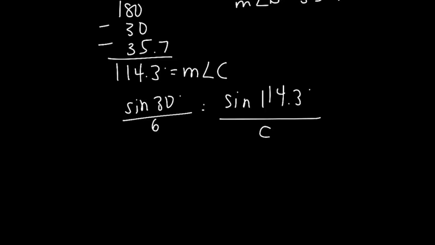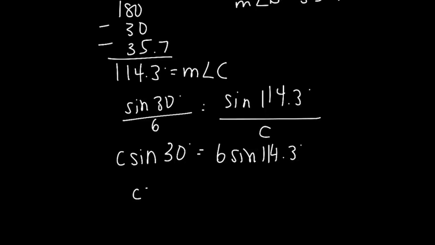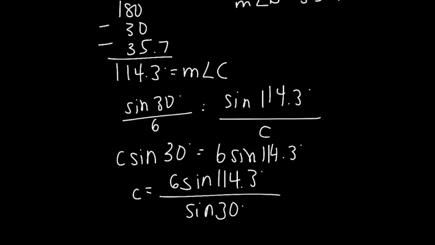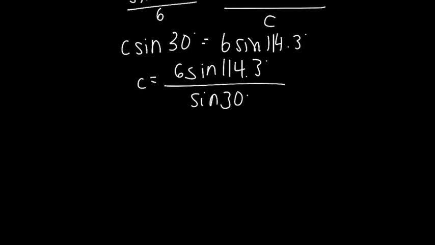Then cross multiply, and divide both sides by sine 30, and get c equals 6 sine 114.3 degrees over sine 30. After evaluating, you should get that c is about 10.94.